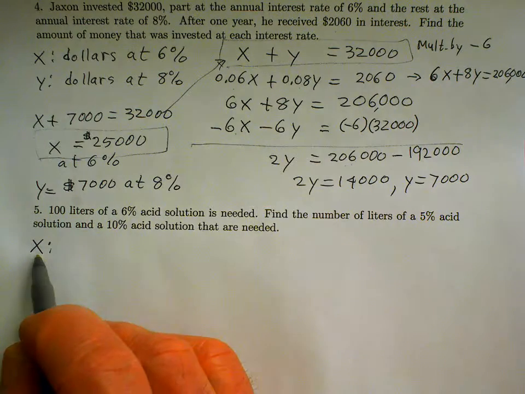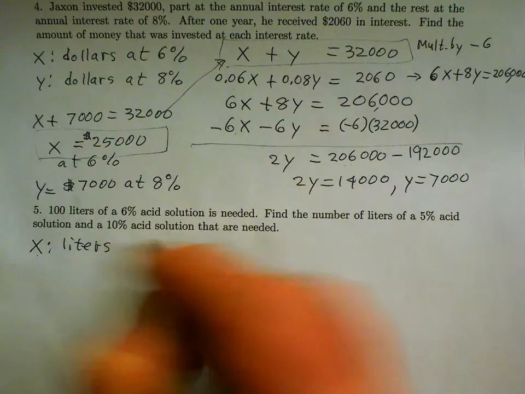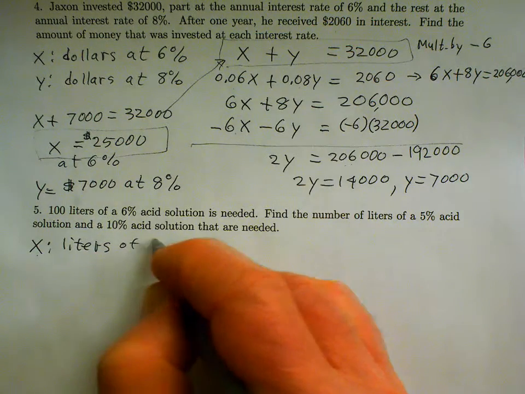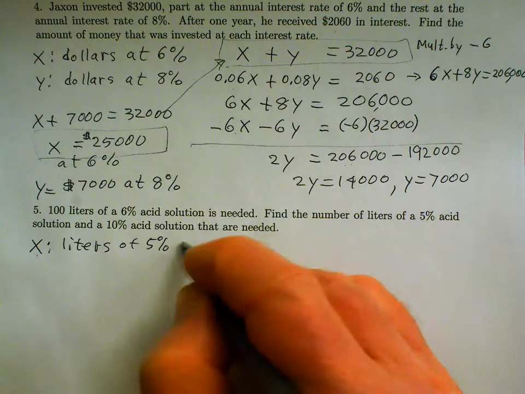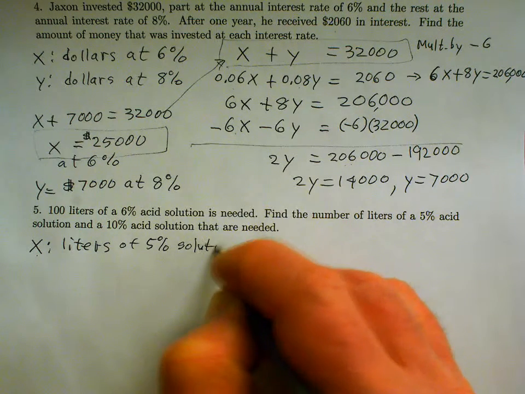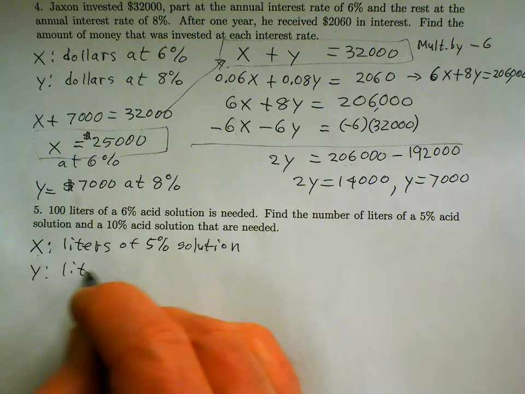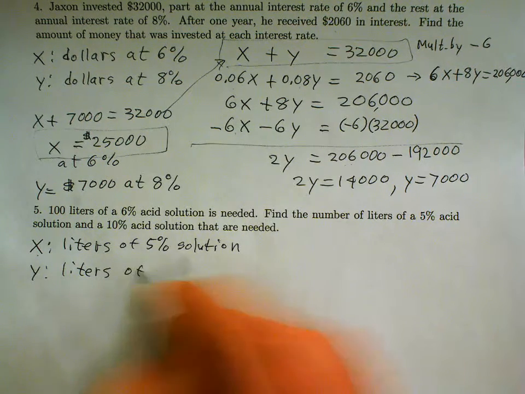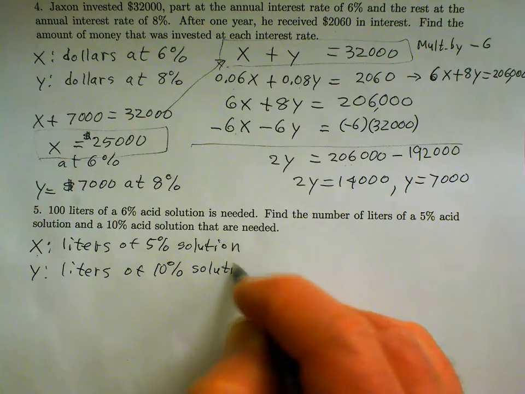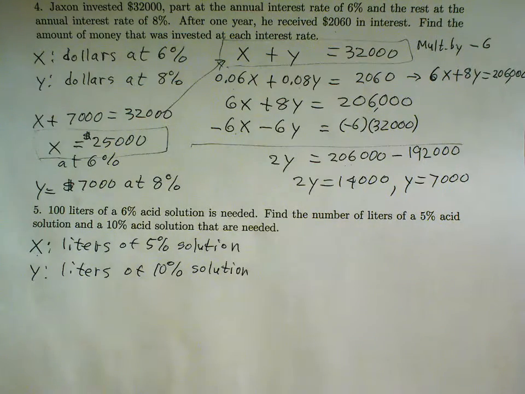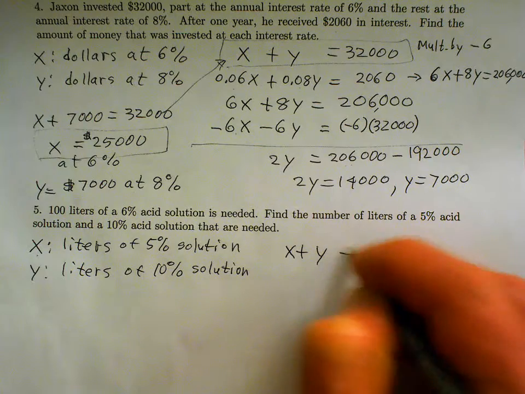Let x be the number of liters of the 5% acid solution, and pick y to be the number of liters of the 10% acid solution. Altogether, we need 100 liters, so x plus y is equal to 100.